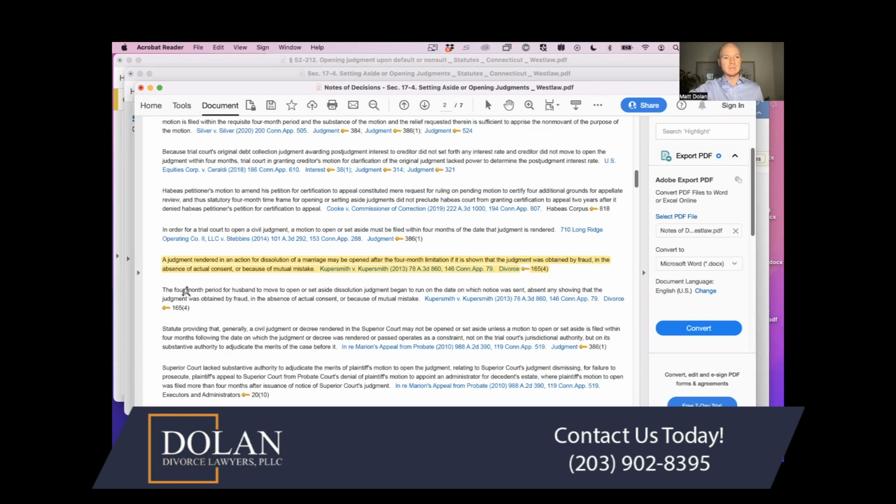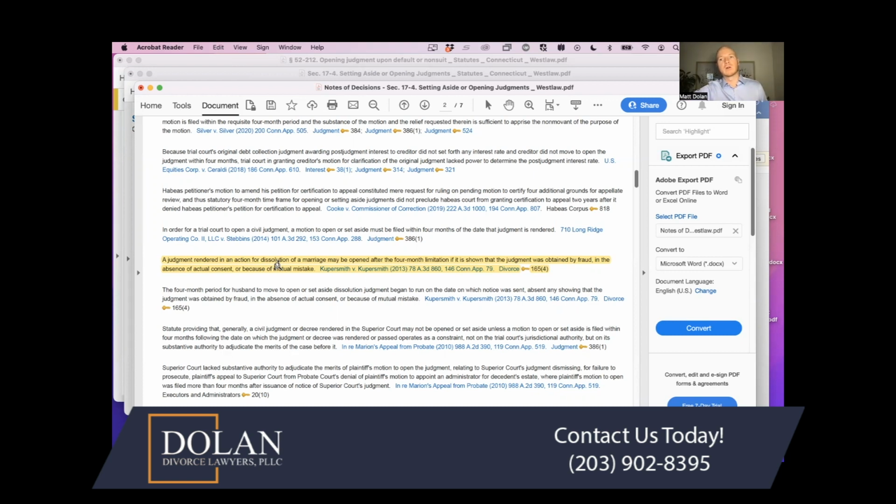Let's look at the absence of actual consent. An example of that would be, you sign an agreement. Sometimes you might sign an agreement for a divorce and not show up to court. And so you sign the agreement and it turns out that your spouse changed the terms of the agreement without you knowing.